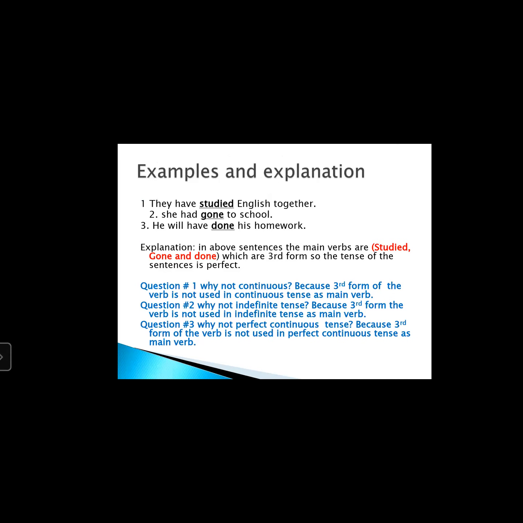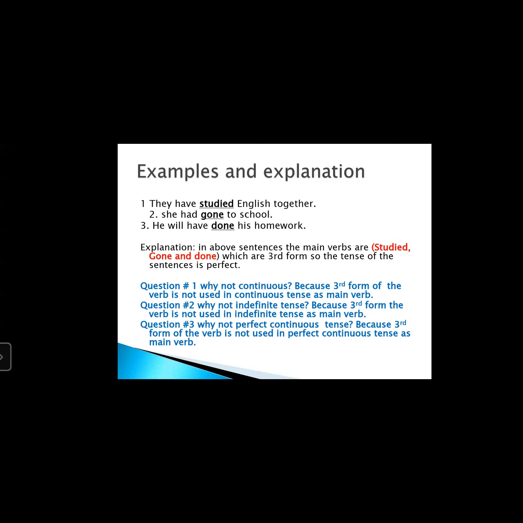So, explanation: in all 3 examples, the verb is third form. Studied is third form. Gone is third form. Done is third form. So because of the third form, all these sentences belong to perfect tense.